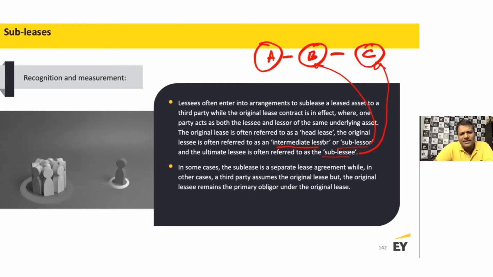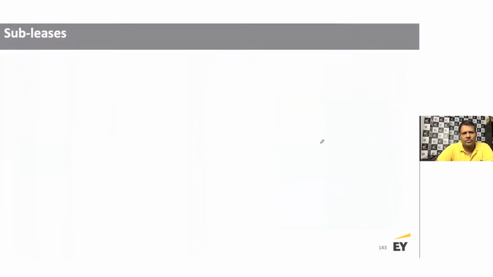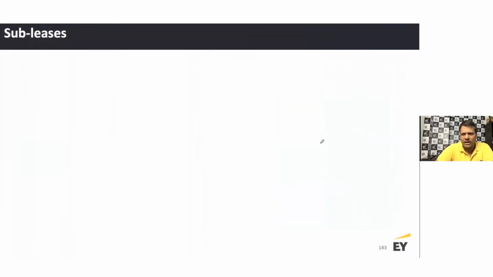In some cases, the sublease is a separate lease agreement, while in other cases a third party assumes the original lease, but the original lessee remains the primary obligor under the original lease. You may do two or three kinds of arrangements. It's more a matter of contracting, but it has no impact on accounting outcomes.